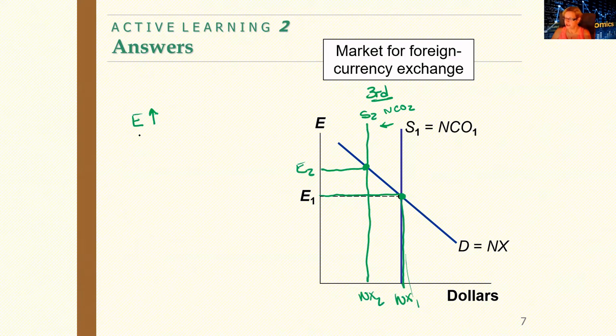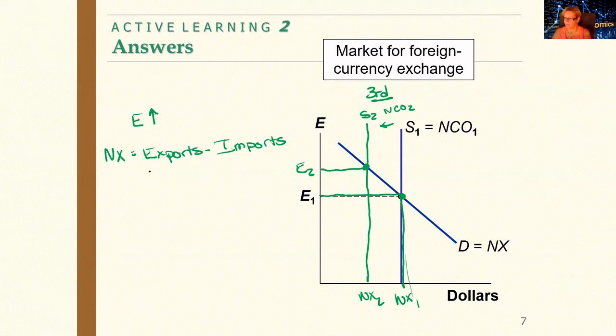And when the real exchange rate increased, if we look at what net exports is, it's exports minus imports. Because the real exchange rate is increasing, that means our goods are becoming more expensive, so people aren't going to buy as many of them in other countries.